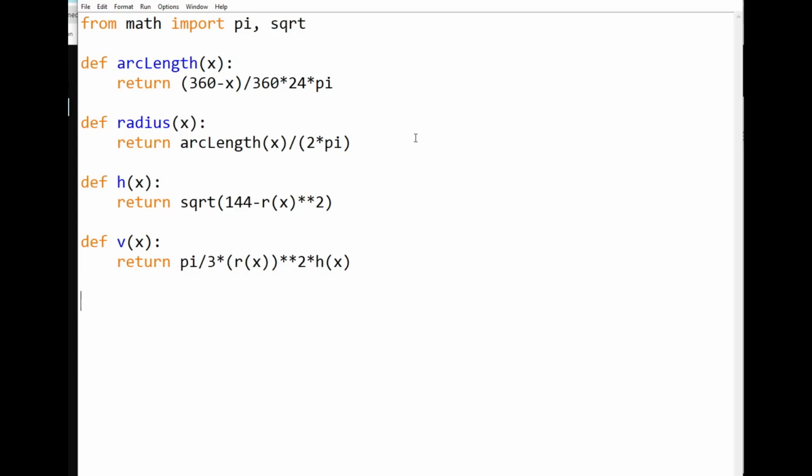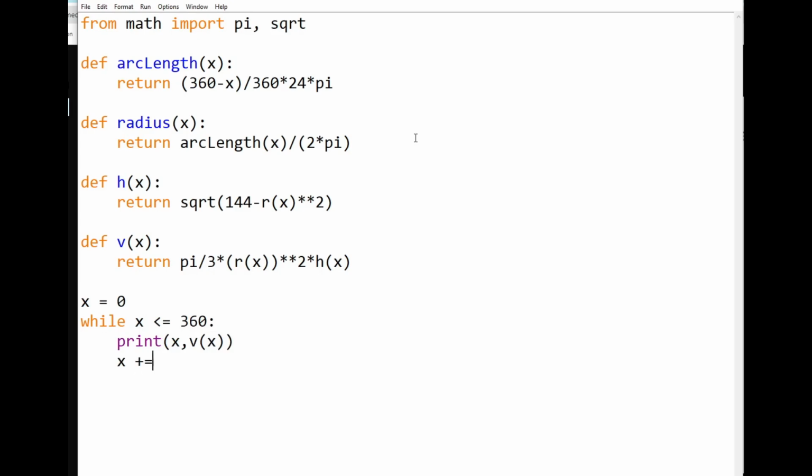Okay. Now all we have to do is to print out everything from 0 to 2 pi for x. I'm sorry, we're in degrees, so let's just keep it as from 0 to 360. Let's make x equal to 0. Then while x is less than or equal to 360, print out x, the angle, and the volume with that x.